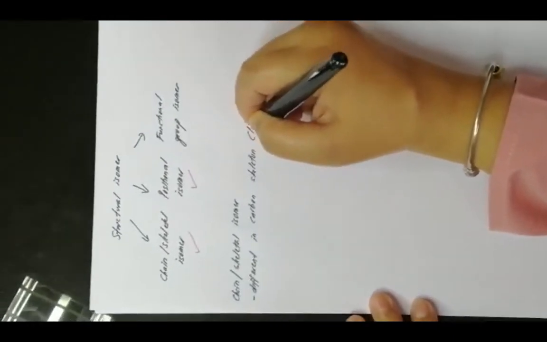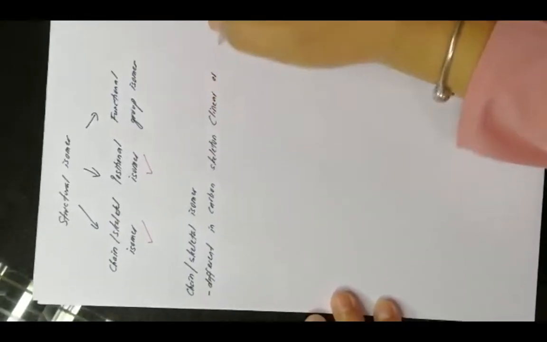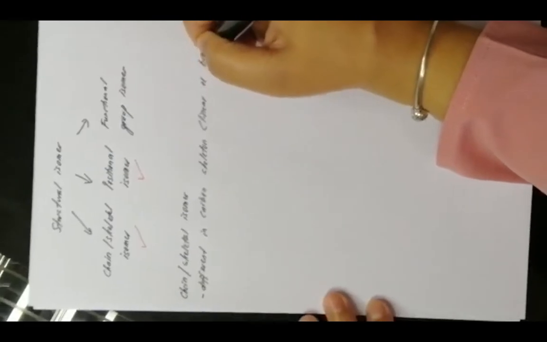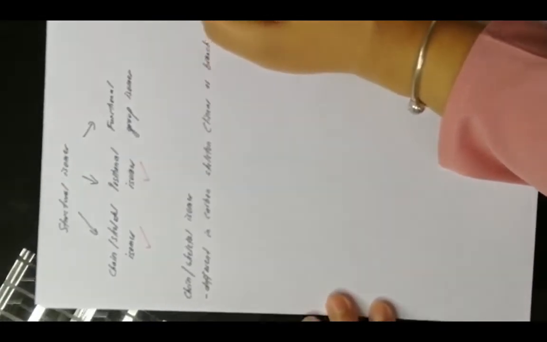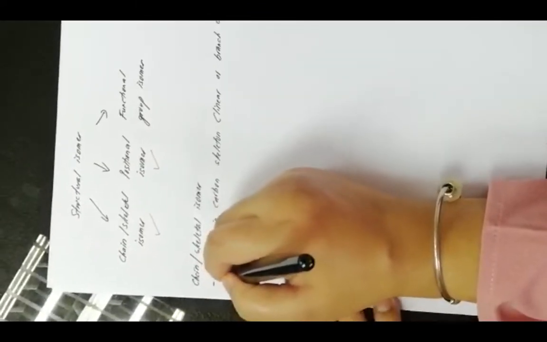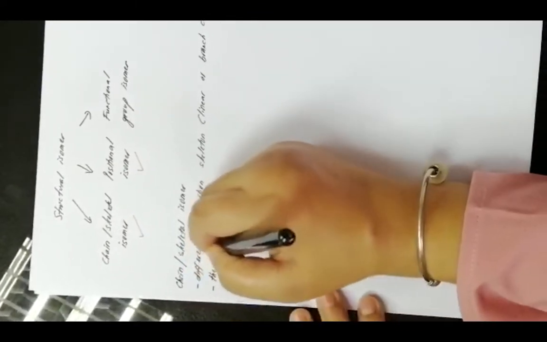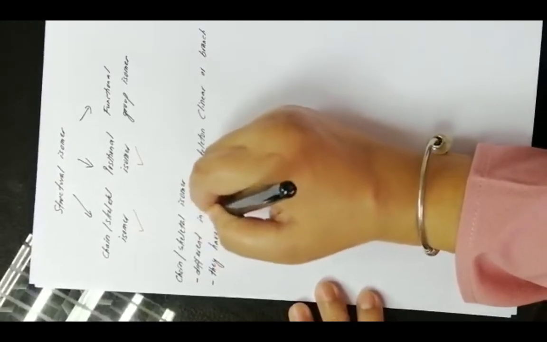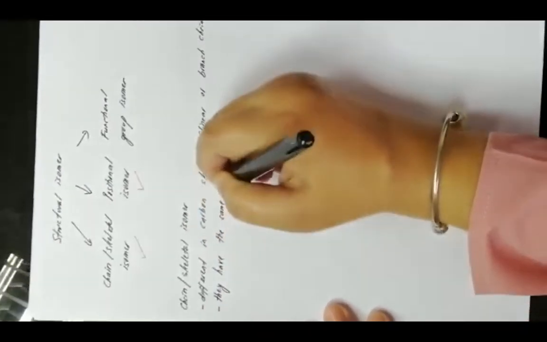Either it can be linear or branch change. And the isomers also have the same functional group.